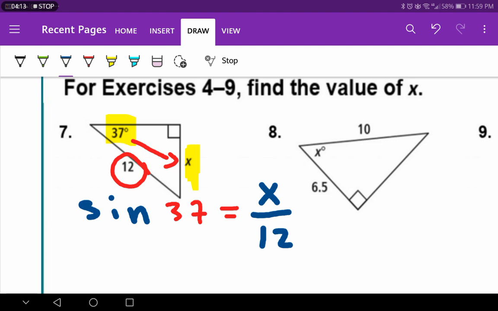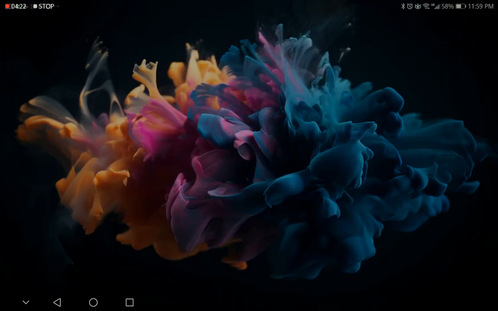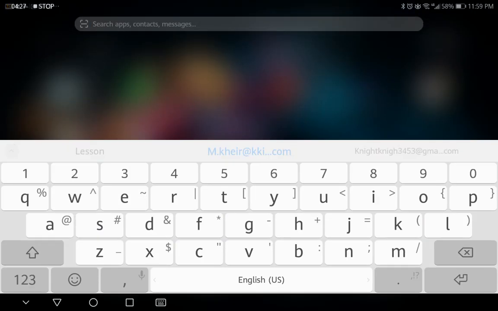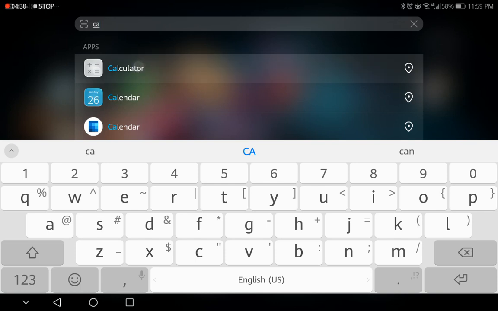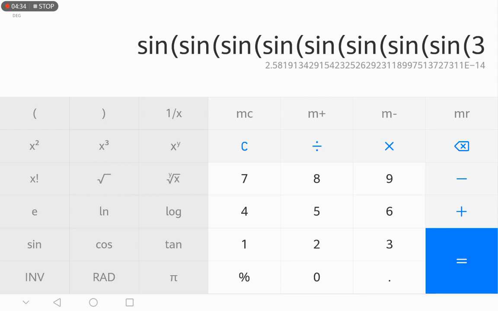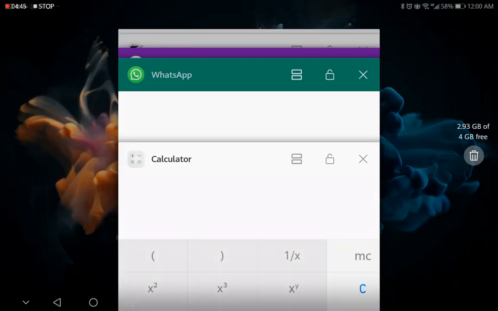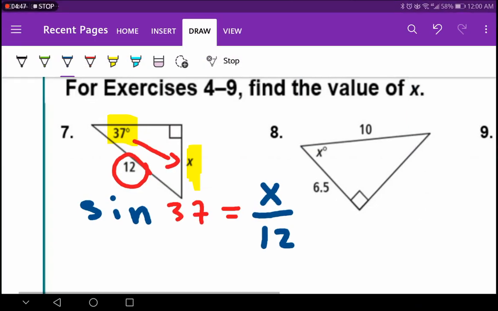Now you go to the calculator and find the sine of 37. The calculator, hello calculator, not the WhatsApp, sorry, the calculator. Sine 37 is 0.6.